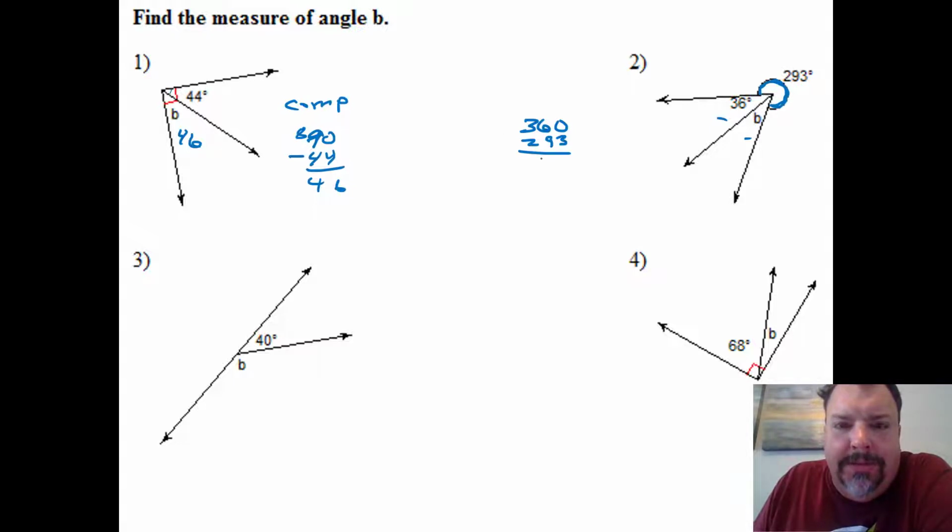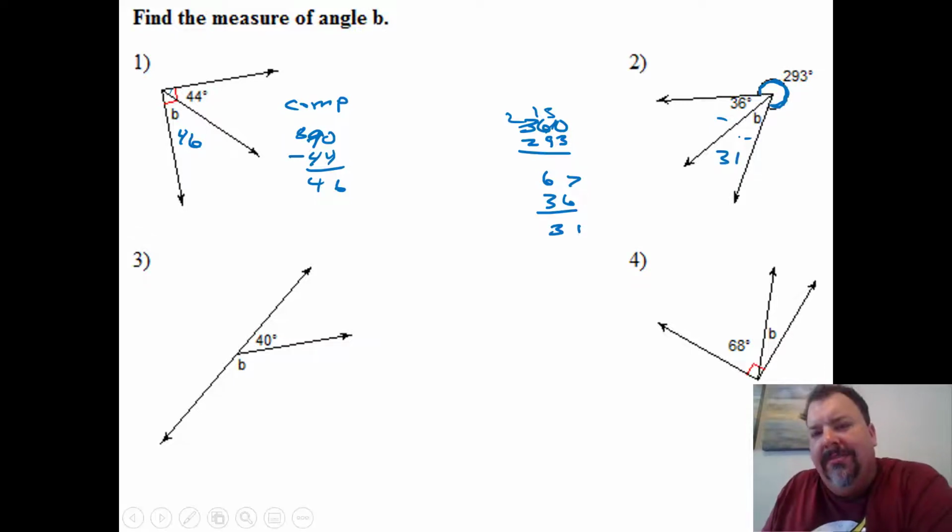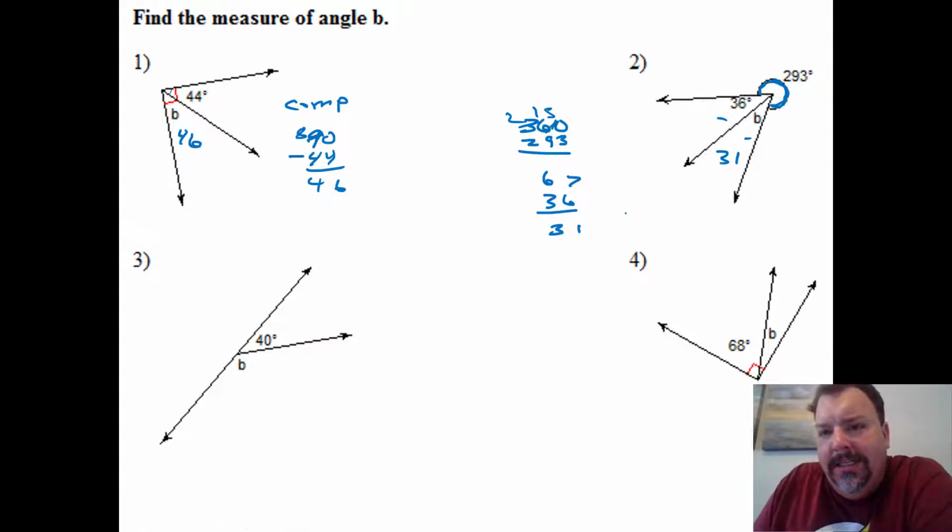So if I subtract off 293, I have to borrow here, and looks like that gives us 67. So 67 is what's left over after we subtract off 293, and then we subtract off 36, and we're going to be left with 31. Always make sure that your answer looks reasonable. A lot of times these pictures are drawn pretty close to scale.